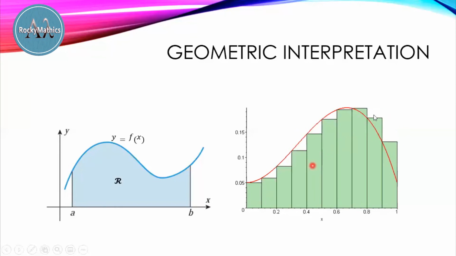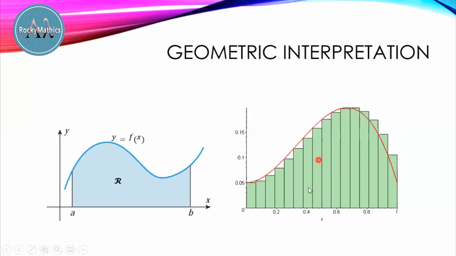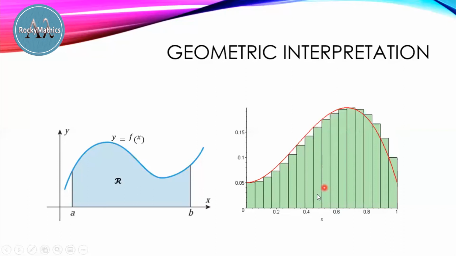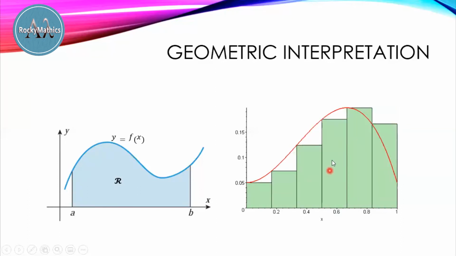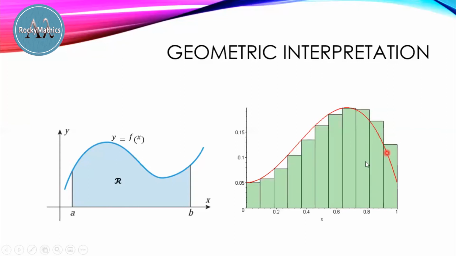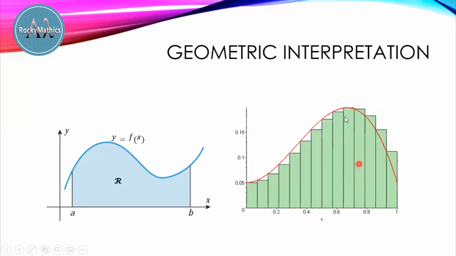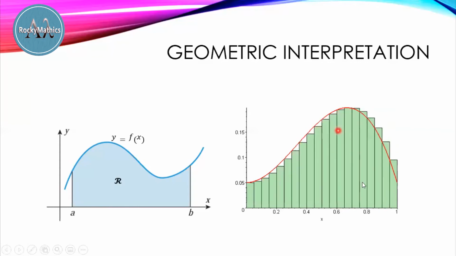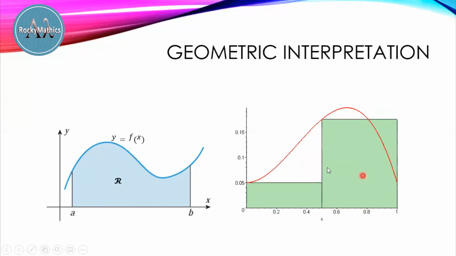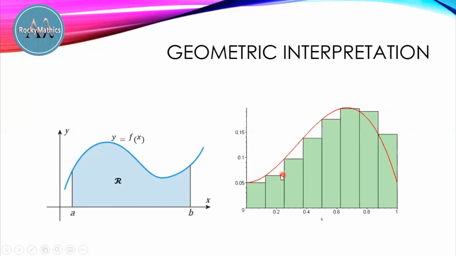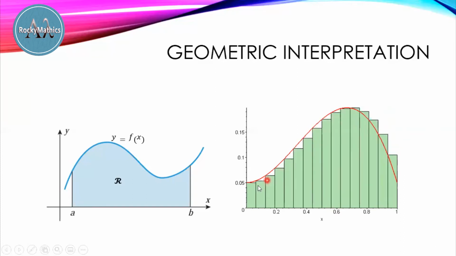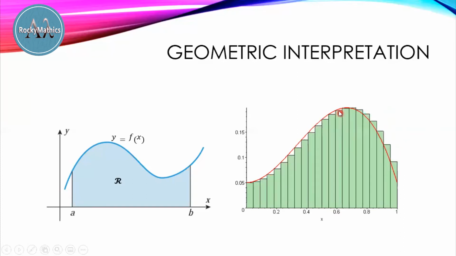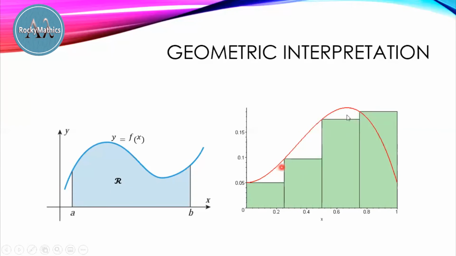But what have you noticed in this illustration? We notice that as we increase the number of rectangles to infinity, and we sum all the areas of these rectangles, and that is what we mean by Riemann sum, then it will approximate this area. Though in this case, we have seen that there are still errors.